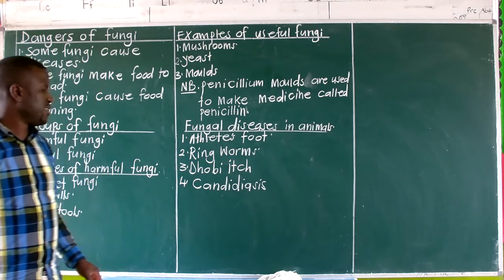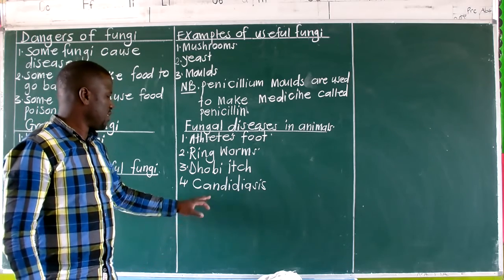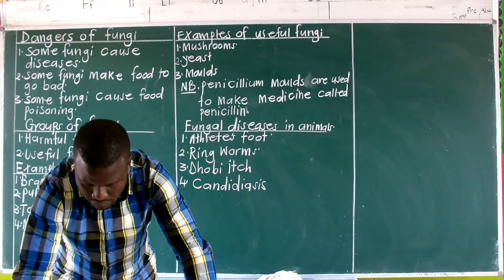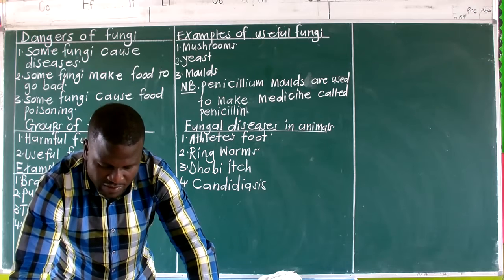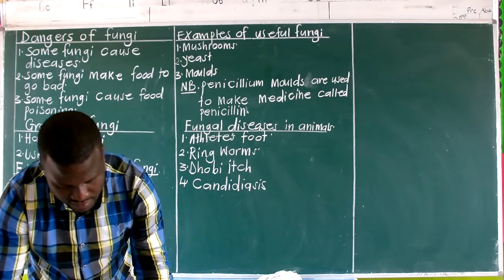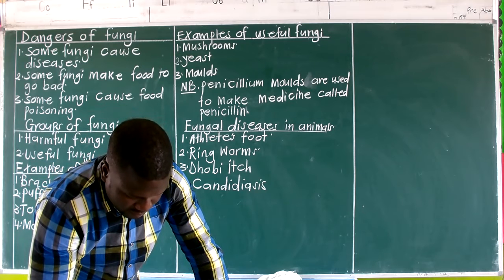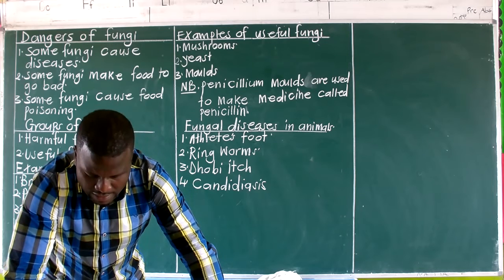Candidiasis is one of the diseases of the reproductive system, and it can be caused as a result of poor personal hygiene. And it can be transmitted sexually from one infected person to a healthy person.